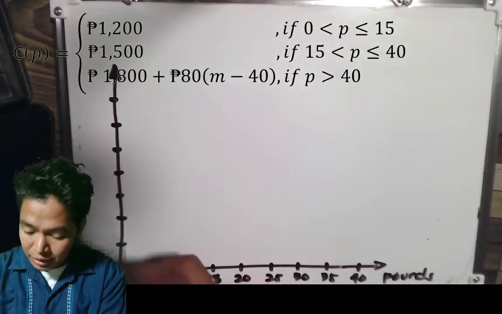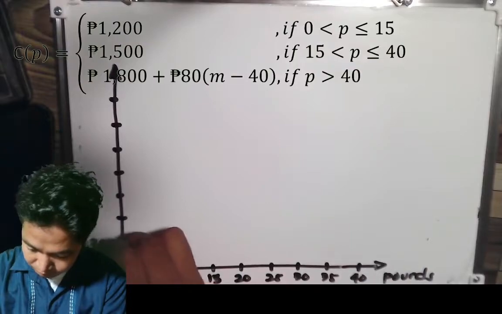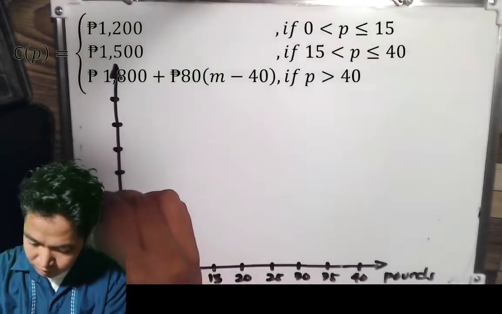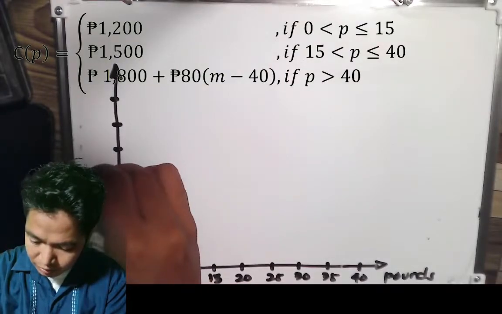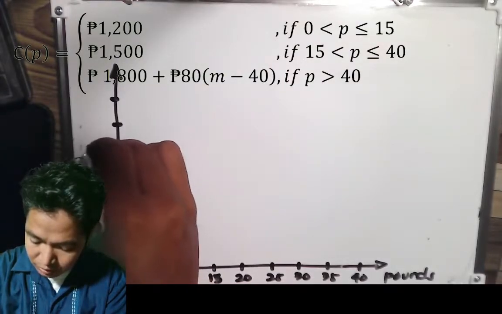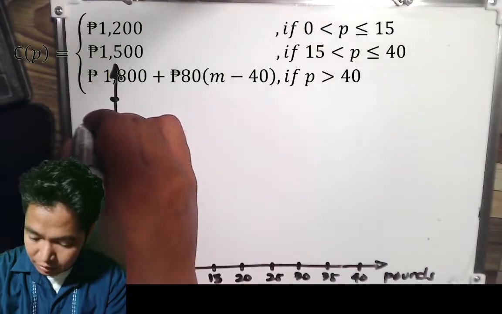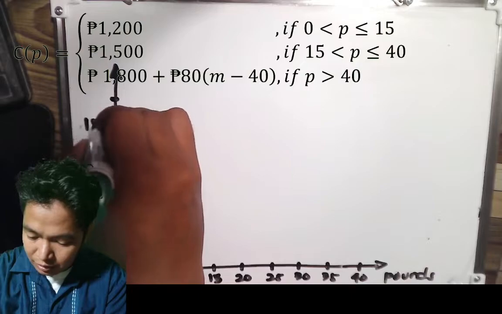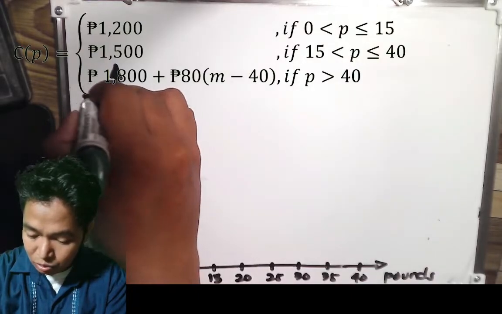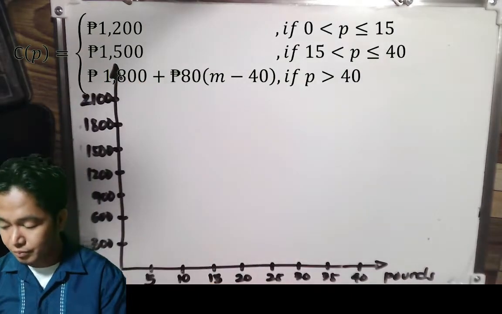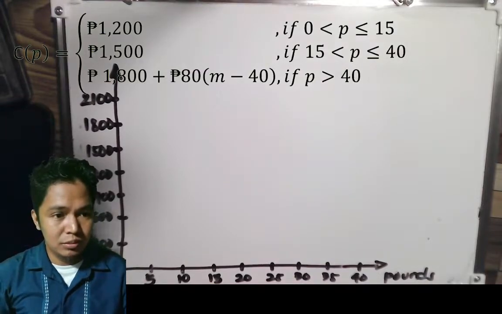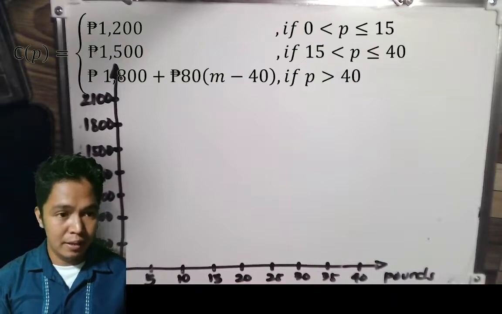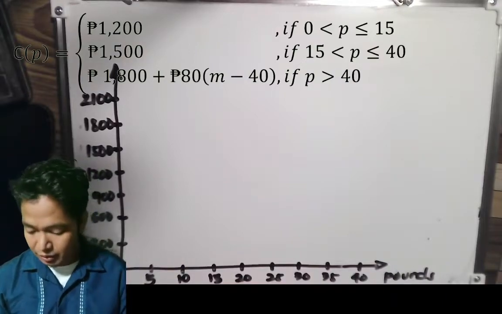Starting from 300 pesos, 900, 1,200, 1,500, 1,800, and 2,100.